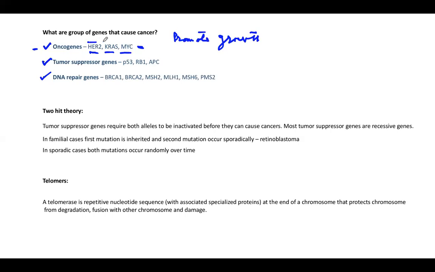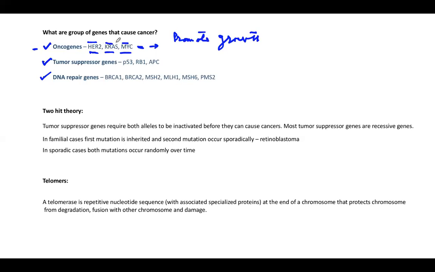So which are these genes? This is HER2 gene. HER2 is an epidermal growth factor receptor gene. Then there is KRAS gene, there's MYC gene. There are several examples, but these are the genes which promote growth only when there are adequate signals, and they are called proto-oncogenes. But when these get mutated, then these are called oncogenes.